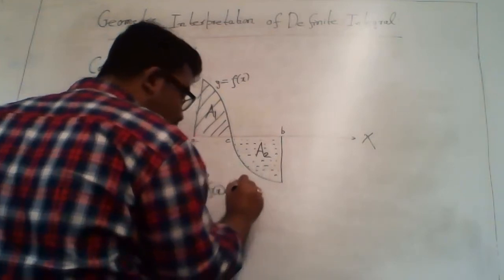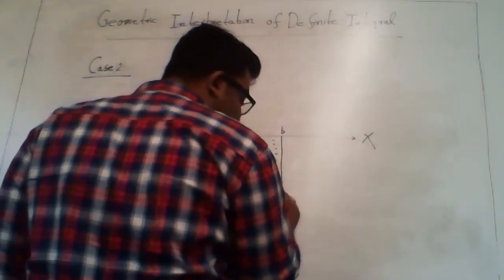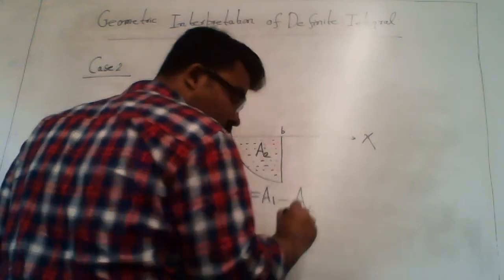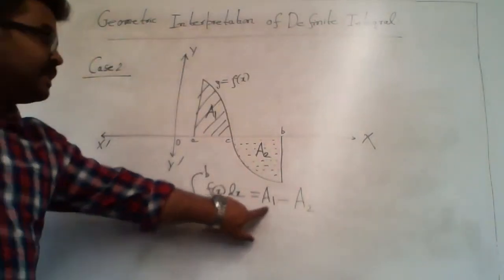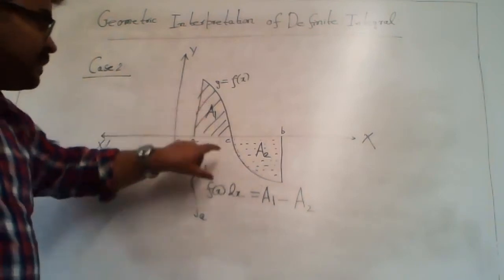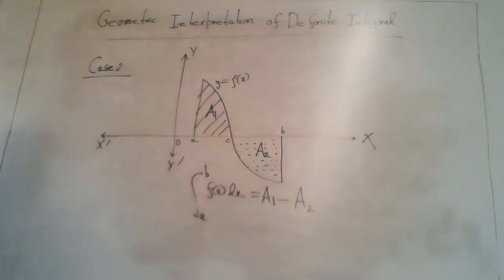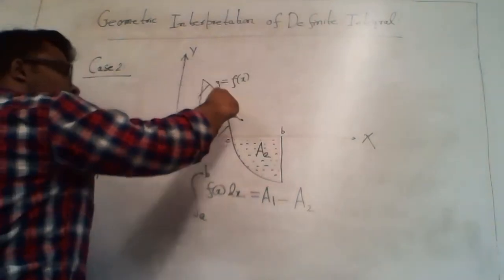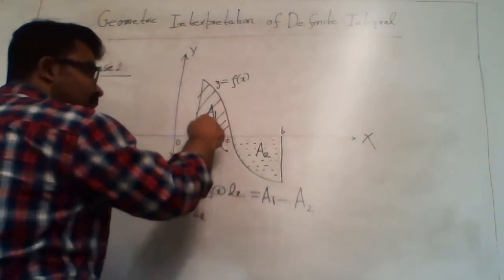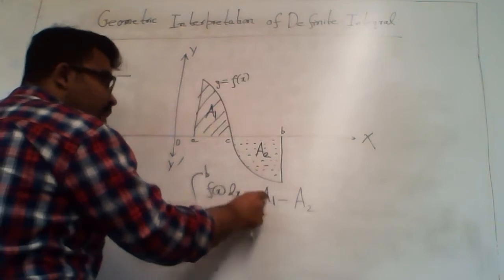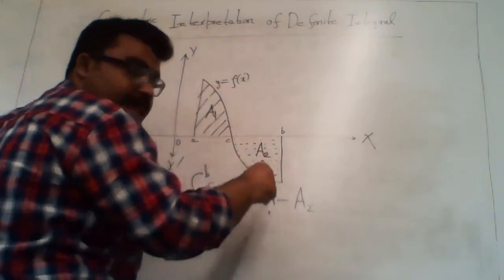The value of this integral will actually be A1 minus A2. A1 is the area above the x-axis and A2 is the area below the x-axis. So I'll get the difference of these two areas: the area above the x-axis minus the area below the x-axis, which is A2.